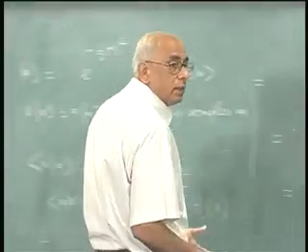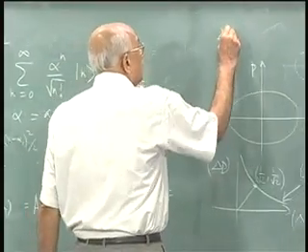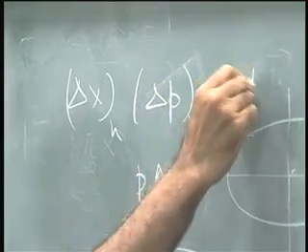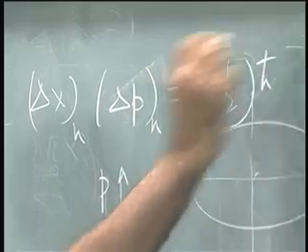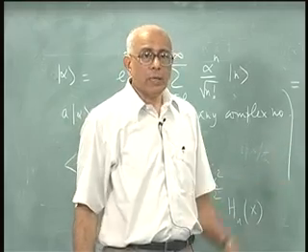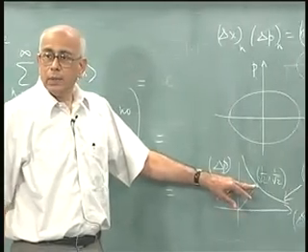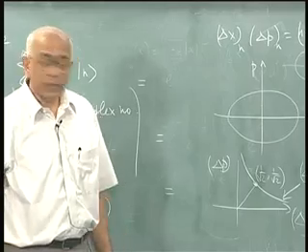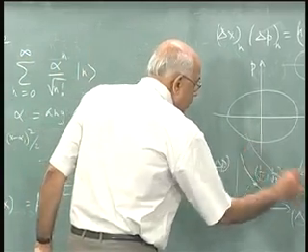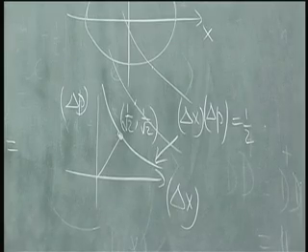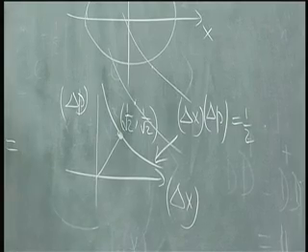The excited states of the harmonic oscillator would have delta x n delta p n equal to n plus half h cross. So the ground state n equal to 0 is half h cross, and for the excited states, I have set units such that h cross disappears on both sides, those would correspond to the states here, here, etc. Square root of 3 over 2, square root of 5 over 2 and so on.